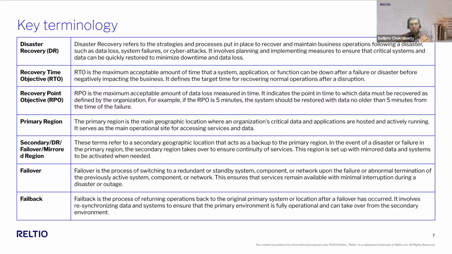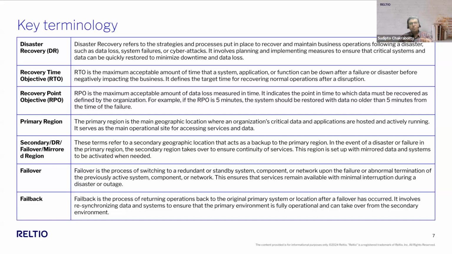In simple terms, if your last backup or replication point was at 10 o'clock and the disaster struck at 10:05, with an RPO of 5 minutes, you are okay. But if it struck at 10:07, you would have around 2 minutes of data not captured.